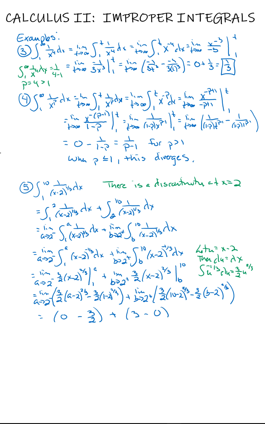So we end up with negative 3/2 plus 6. Get a common denominator there, which would be 2. And that ends up being 9/2. And there we go. All right, enjoy.